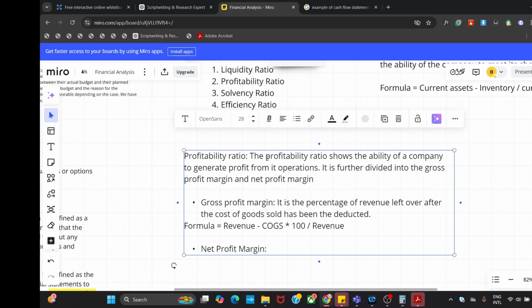When we talk about net profit margin, this simply means the leftover revenue after all the expenses incurred in the cost of operation of the business have been deducted. So the net profit is the actual profit of the business, because this profit is gotten after all the expenses that the business incurred have been deducted. So let's go ahead and take a note on that.